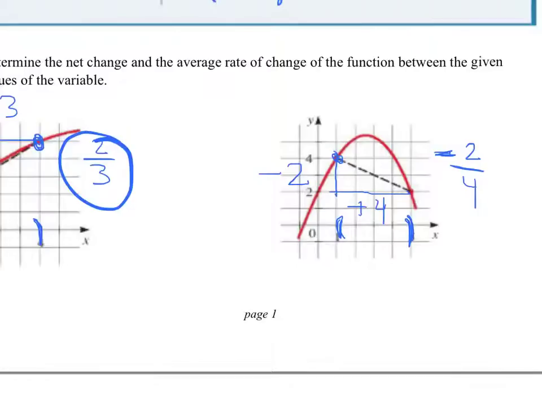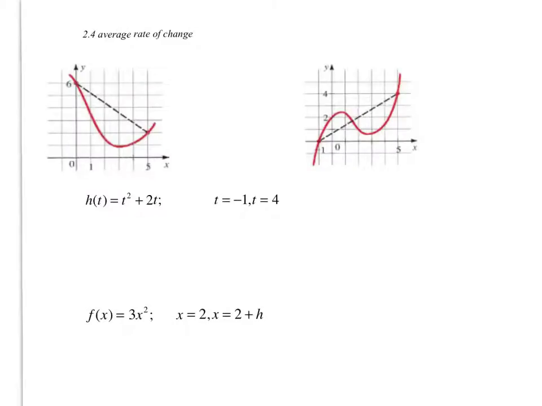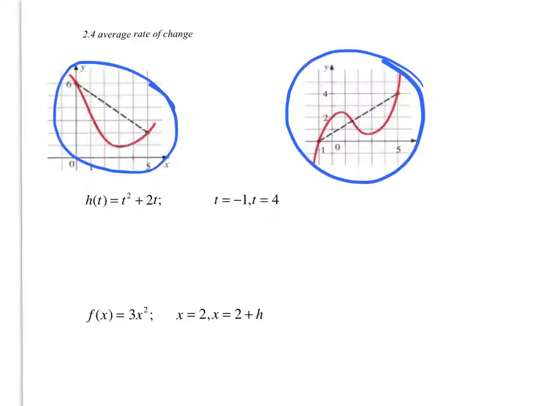Notice that -2 is the net change because the function values decrease from 4 to 2 as x varies. So that's a decrease of 2. -2 is the net change. So I'll let you practice doing this one and this one graphically.